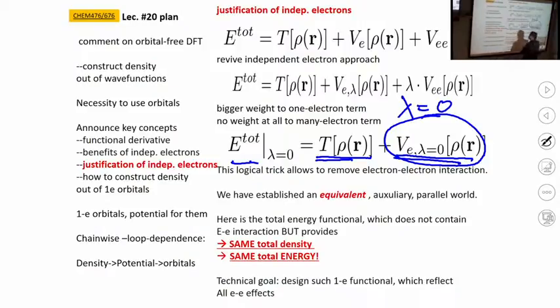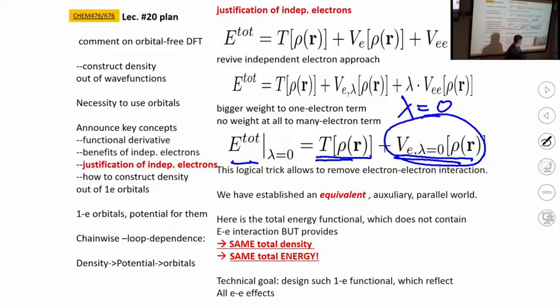So here is the total energy in the true universe, and here is the total energy in the auxiliary universe. We set up the lambda parameter in front of the electron repulsion to 0, and therefore the thing that we were calling external potential when we were in the true universe will be replaced by a potential with factor lambda, right?